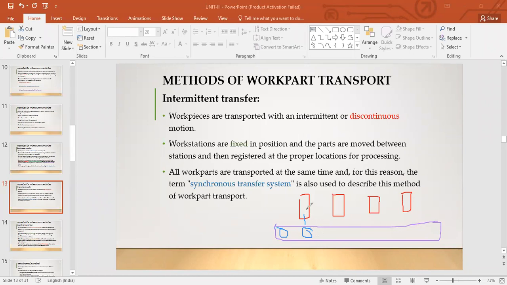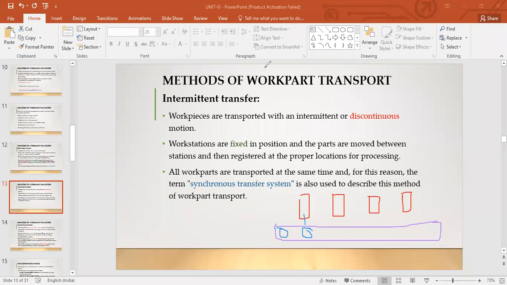Otherwise, if you have different processing times, then you have to have some sort of break. Some kind of buffer storage has to be there, so that the machine which is taking more time can be fed the part later, one by one from this buffer storage.